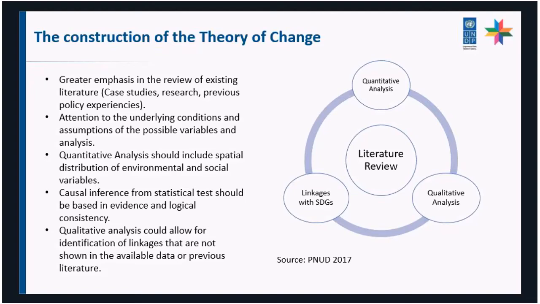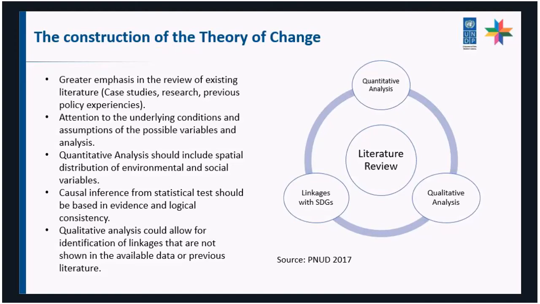Specifically in the quantitative analysis, we have to be very careful about the causal inference that we are making, and we have to make sure that there's some evidence and logical consistency in the conclusions that we make. That's a place where the literature review is going to be even more important.